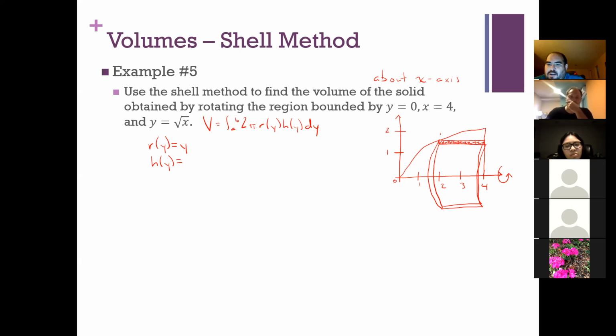Let me draw a couple more rectangles in here to maybe help you think about that. So I've drawn rectangles for x equals 1, x equals 2, x equals 3.